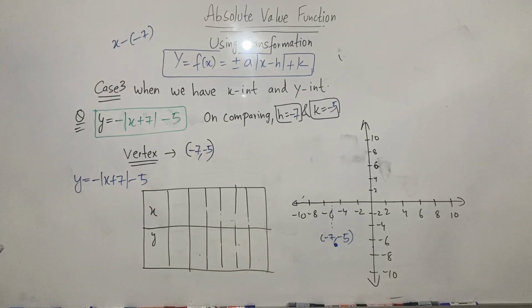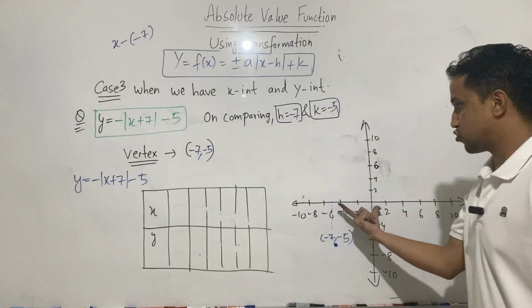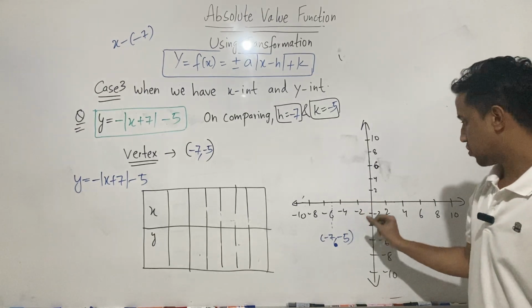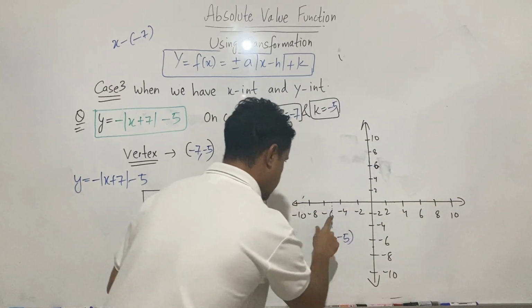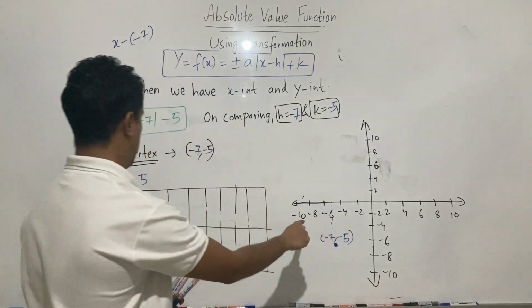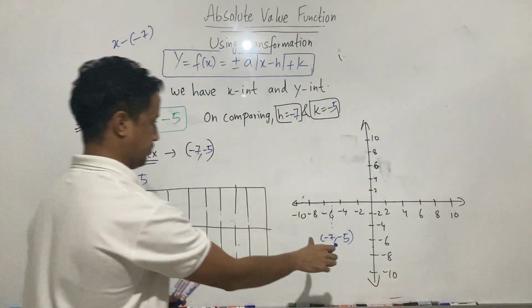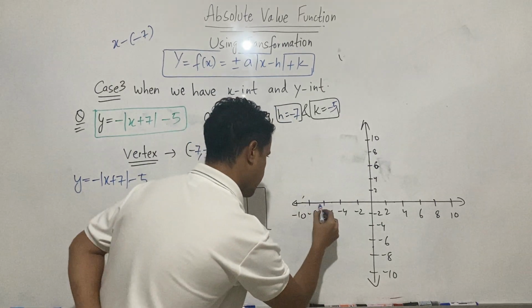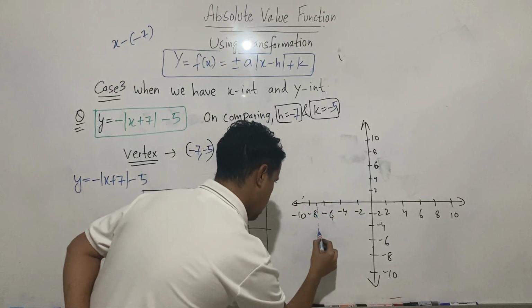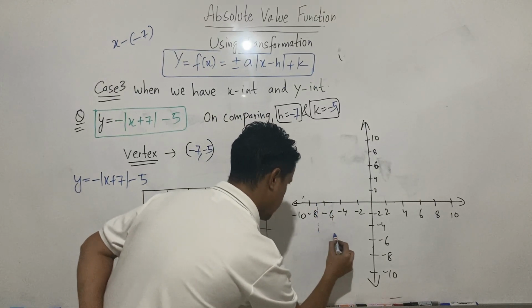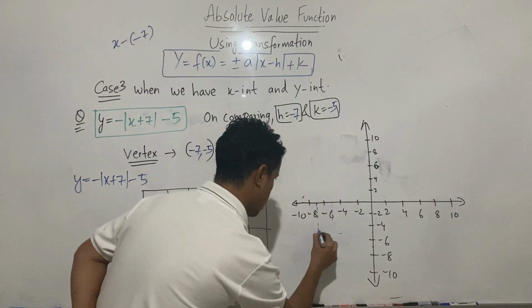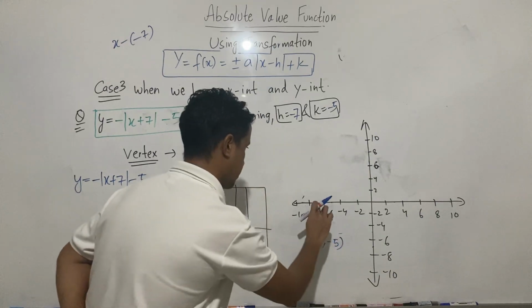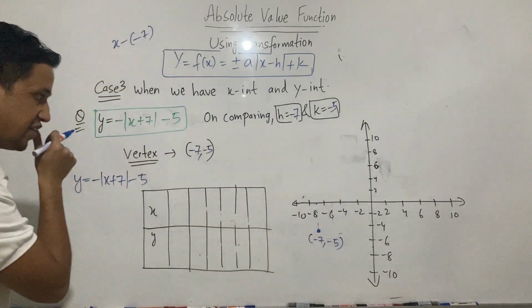The vertex is at minus 7, minus 5. Yes, here, this one.